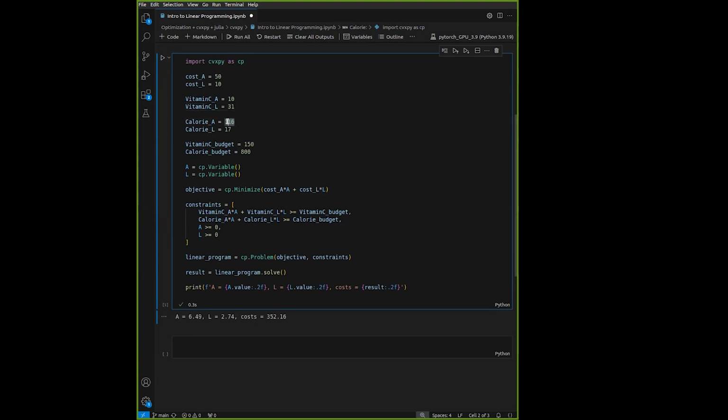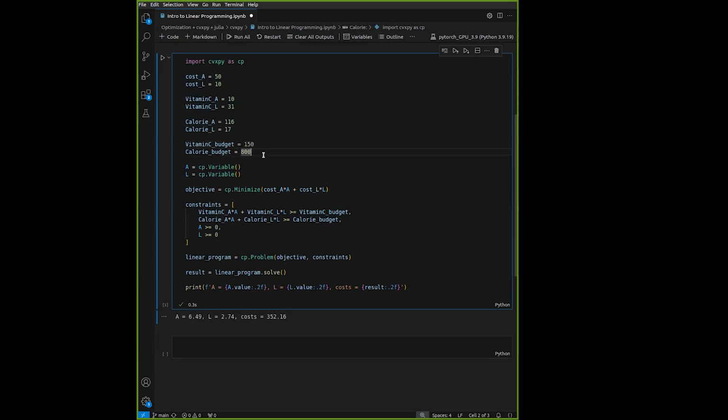And then the calories from an apple are 116, lemon is 17. All these we have encoded into variables. Then I've decided on some budget. For example, let's say I want my vitamin C budget at a daily level to be 150 mg, and my calorie budget from these two items, let's say, is 800 calories.